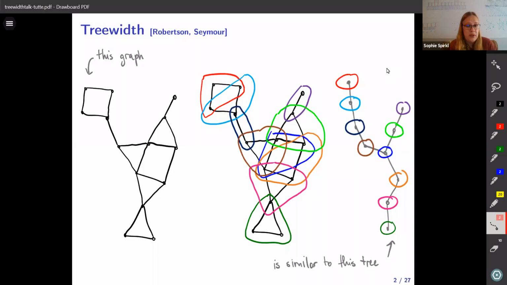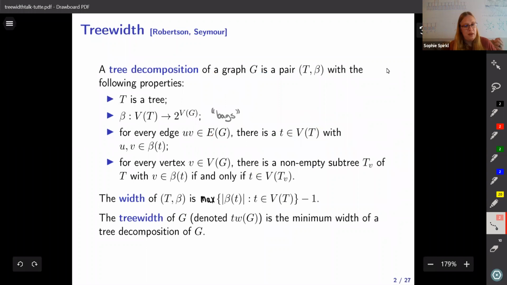Therefore, it's a natural question to ask, what causes large treewidth? And part of the graph minors project was an answer for that in the context of graph minors. So with that, and roughly thinking of this picture, here's the actual truth about treewidth.